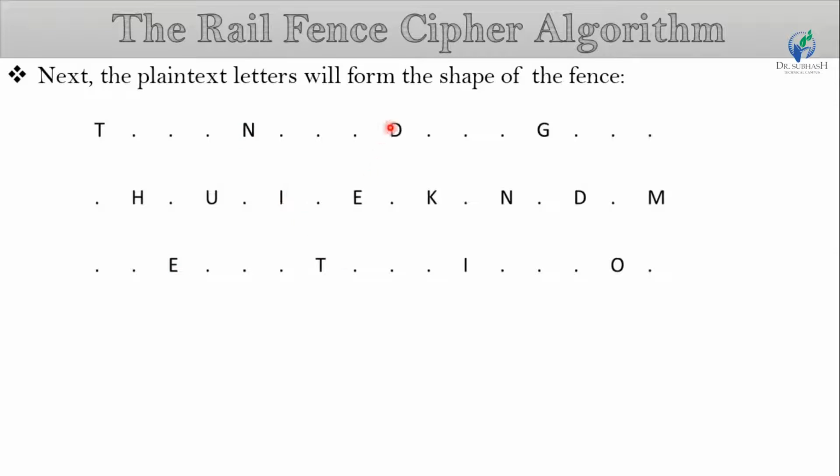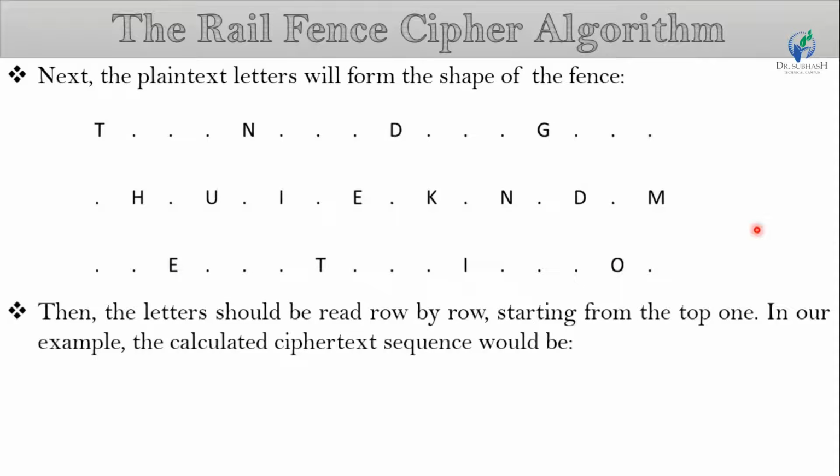In this zigzag form we have entered our message. Then the letters should be read row by row, starting from the top one. Finally, they ought to be concatenated to form one ciphertext message. In our example, the calculated ciphertext sequence would be like this, means first row, then second row, and last third row.